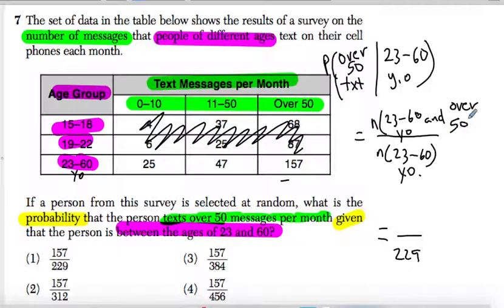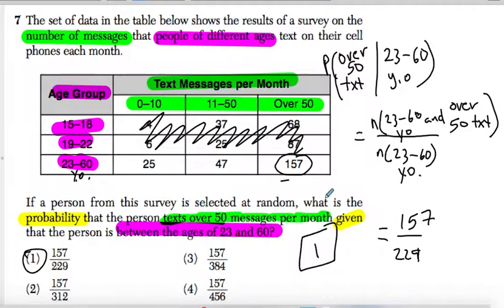So it's the ones that are 23 to 60 years old and send over 50 texts. So these are all the ones with over 50 texts, but I crossed these out, right? Because we're not concerned with the ones that send over 50 texts, and they're also 23 to 60 years old, right? It's 157. So the probability should be 157 out of 229, which we got right here in choice 1.